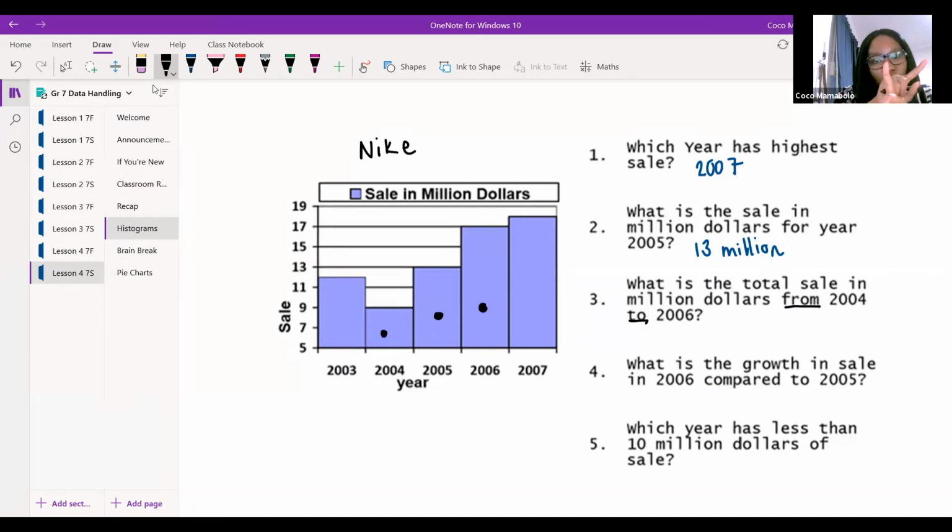So that means my data went straight through 2005 as well. How much will all of that be together? It'll be 39. So I'm going to have 9 million plus 13 plus 17. Excellent. And how much does that give us? Which gives us 39.